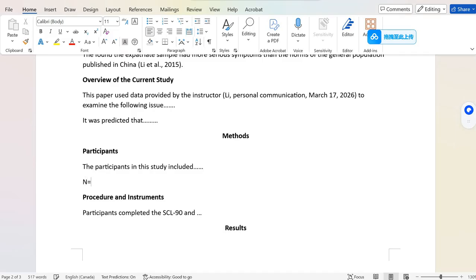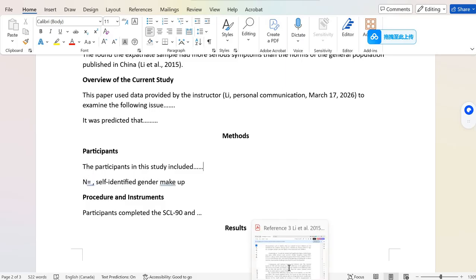You describe the number, how many they are, gender, characteristics, self-identified gender makeup. Most of them are men.